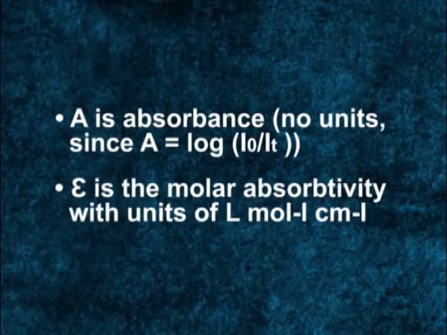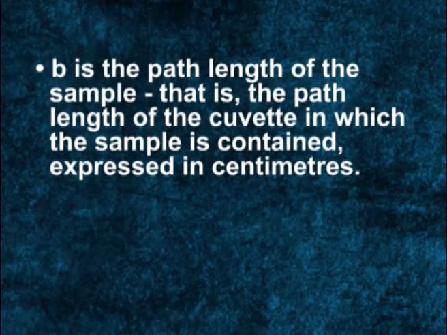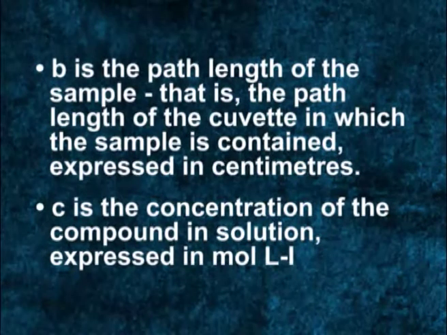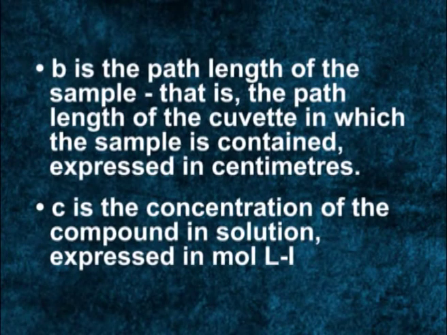Epsilon is the molar absorptivity with units of L mole inverse centimeter inverse. B is the path length of the sample, that is the path length of the cuvette in which the sample is contained. It is expressed in centimeters. C is the concentration of the compound in solution, expressed in mole per liter.